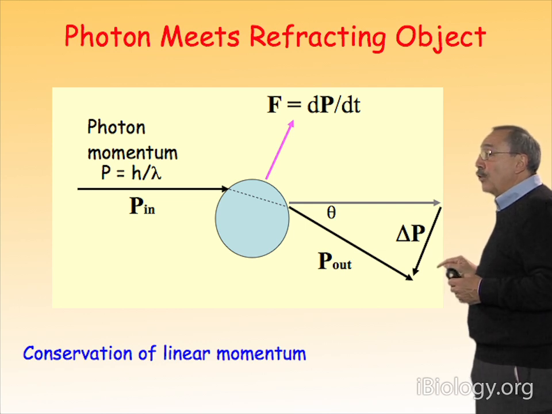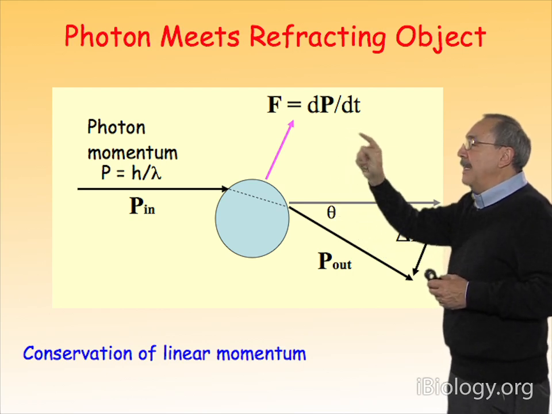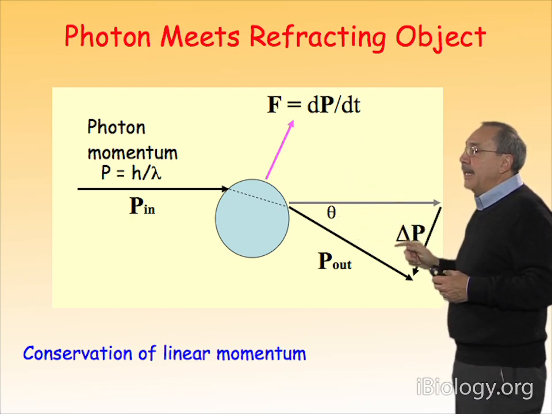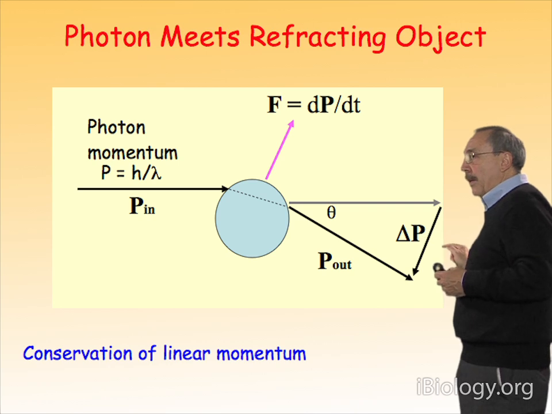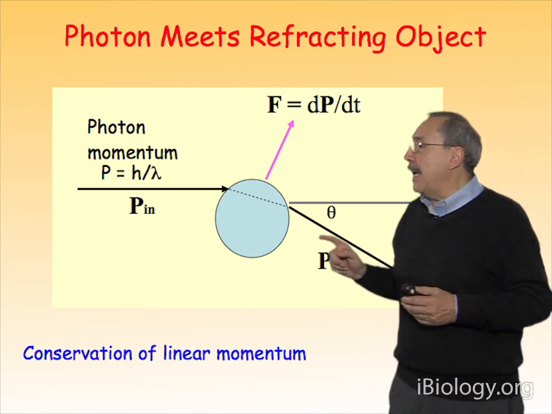Because momentum is conserved, the object, which is the bead, has to gain momentum in the same amount, but in a direction opposite to the direction in which the light lost it.